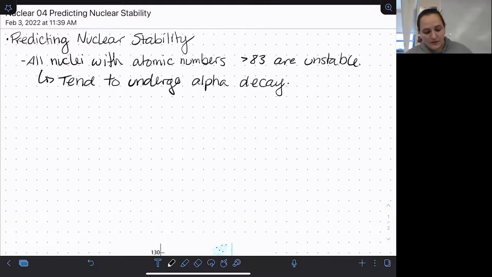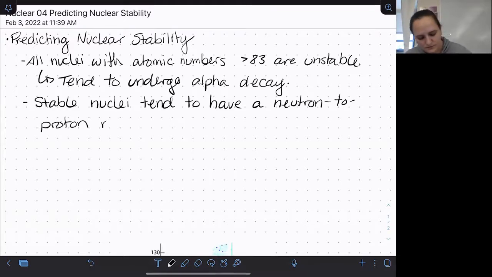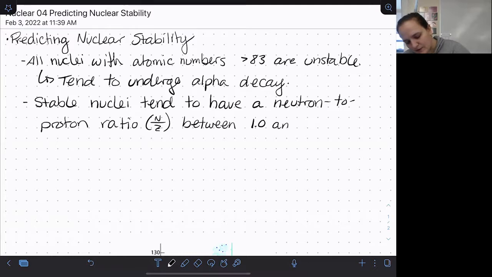The next thing we can look at is that stable nuclei tend to have a neutron to proton ratio, which you will often see abbreviated as N/Z, between about 1 and 1.5 or so.